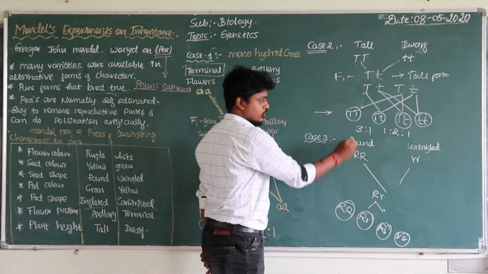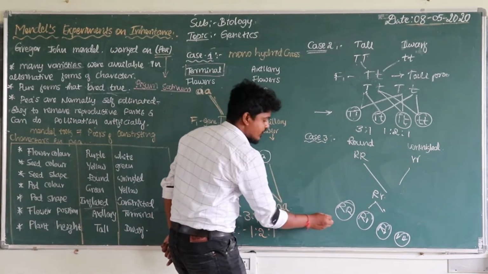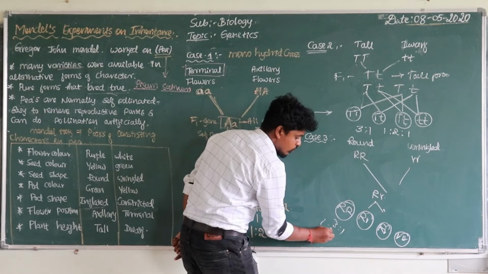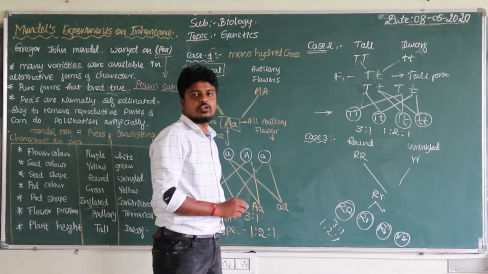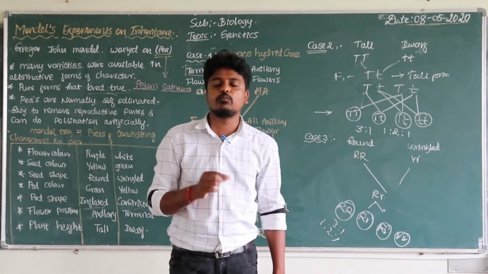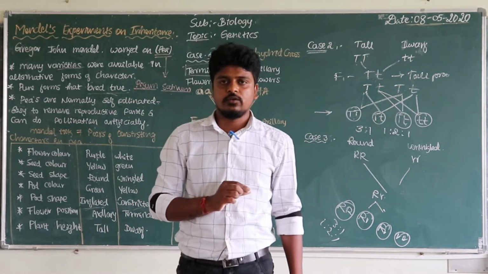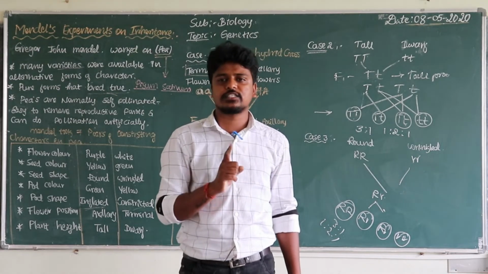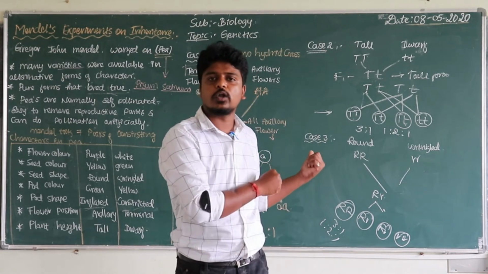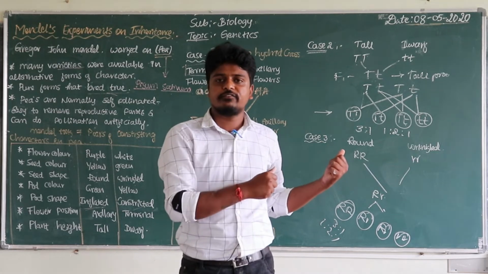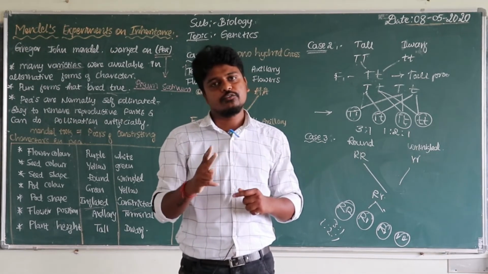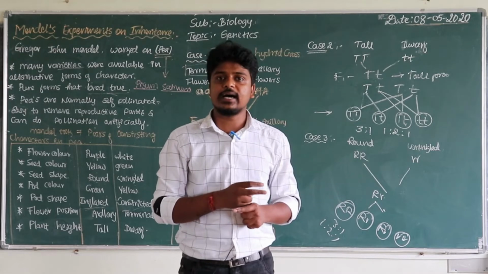Here also the phenotypic ratio is 3:1 and the genotypic ratio is 1:2:1. So this is how we have to calculate monohybrid crosses. In examinations, if they give a single characteristic, you have to go through the monohybrid cross. If they give 2 different types of characteristics, you have to consider it a dihybrid cross.